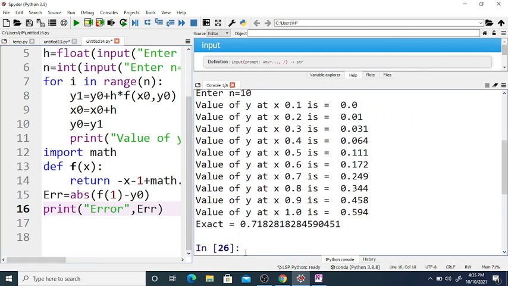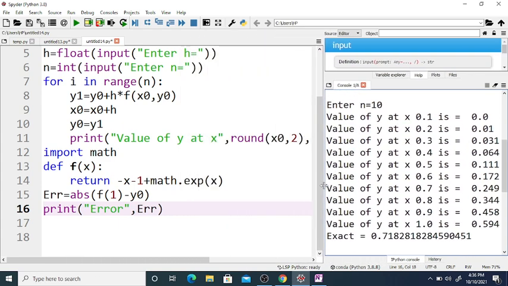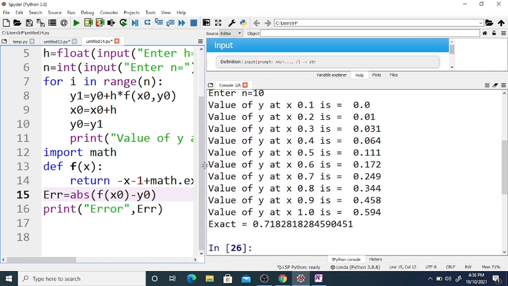So now here there is one change also. Here we define x as x0. This f of 1 is nothing but our x0. Okay, so f of x0, so there is no need to modify it every time.